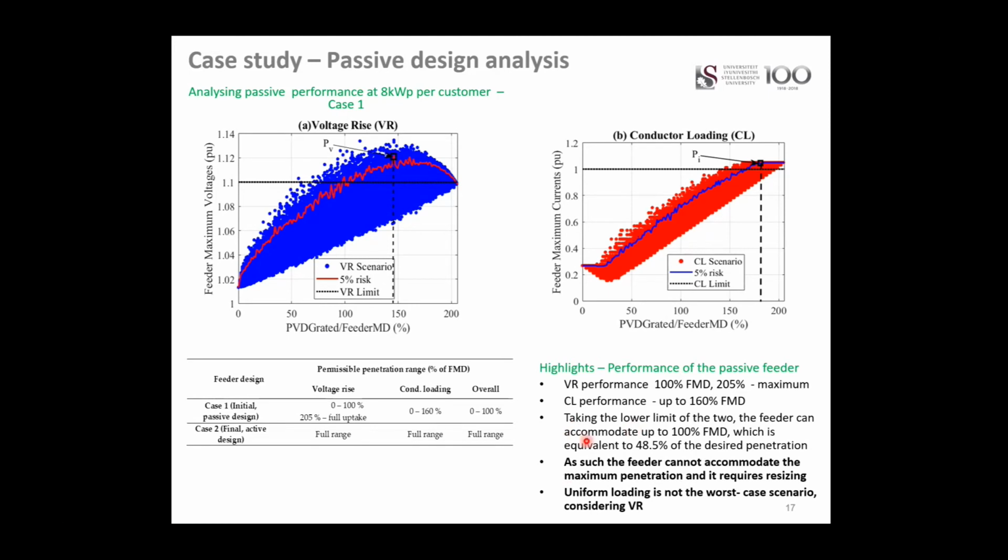Based on this, we can say that the feeder cannot accommodate the maximum penetration, or rather it cannot have a maximum uptake, and would require adjustments to meet that. Also, something very interesting is that if you look at this performance, you will note that uniform loading is not the worst case scenario considering the voltage rise. Uniform loading would be achieved somewhere here, but your worst voltage rise performance is somewhere where we have your PV here.